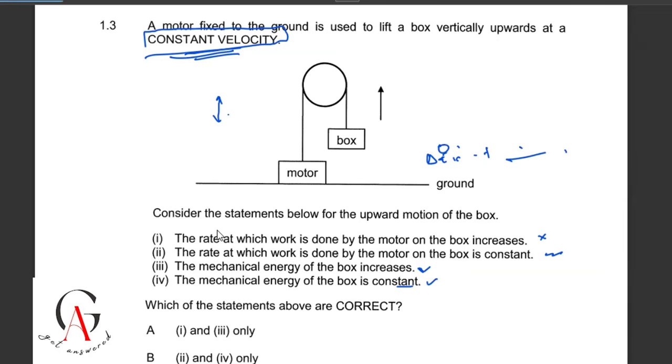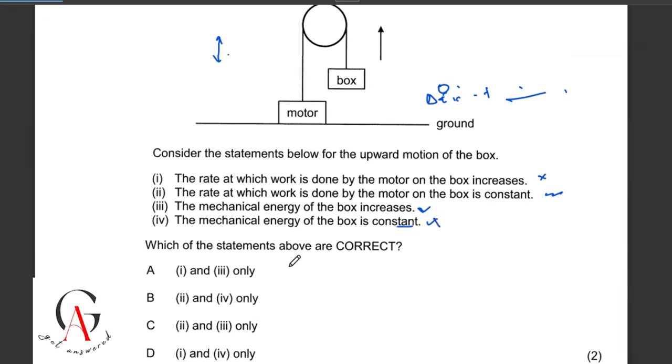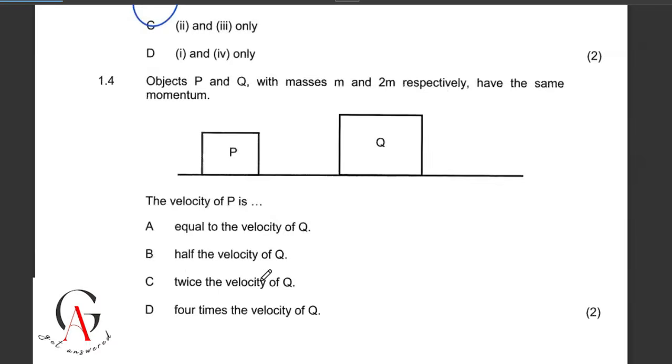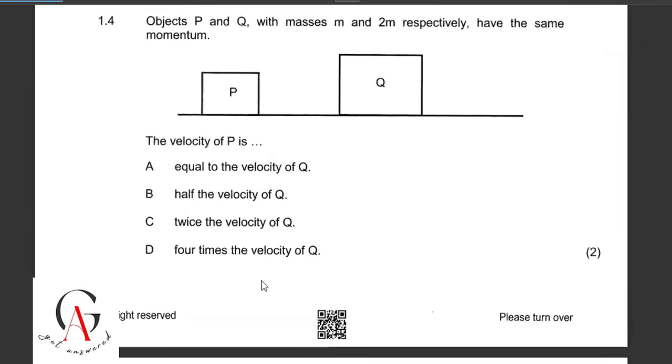So what I'm going to do, I'm going to cancel out this option and I'll only go with option B. I'll say the rate at which work is done is constant, and then option 4, the mechanical energy is also constant. Okay, number 1.4, object P and Q have masses m and 2m respectively, and they have the same momentum. So if this is m, this is twice m.